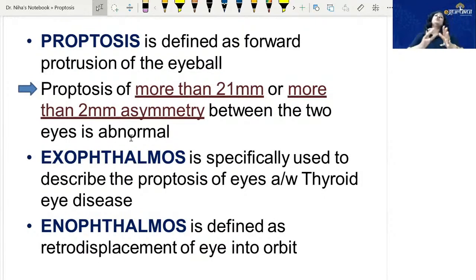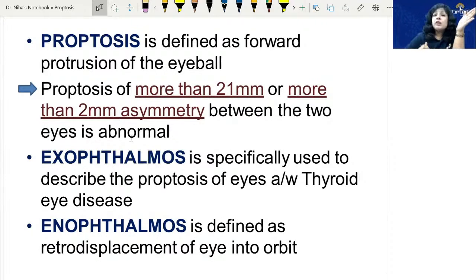Now, we have one more terminology for this, that is exophthalmos. Though they are used interchangeably nowadays, I would still say that you should always restrict it for thyroid eye disease. So we have proptosis and exophthalmos. The opposite of exophthalmos is enophthalmos. Sometimes one eye may be having enophthalmos, due to which the other eye will show you relative proptosis or pseudoproptosis.